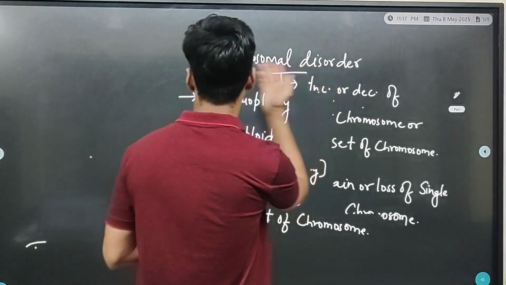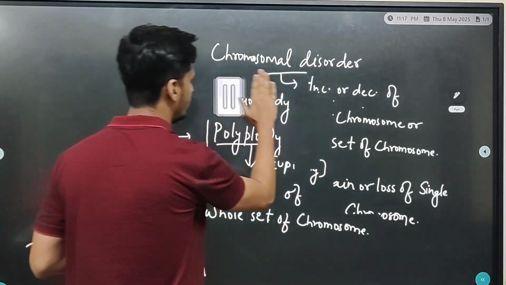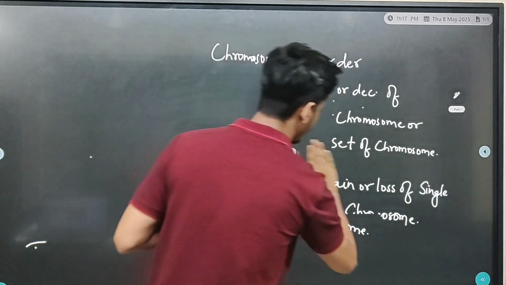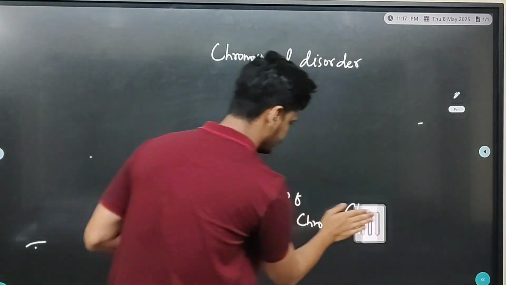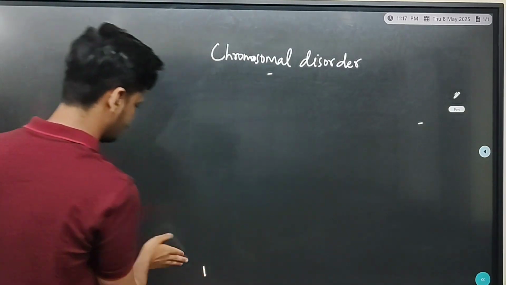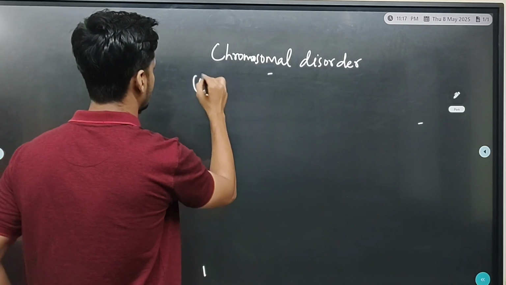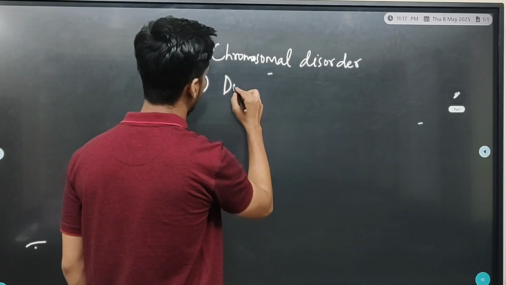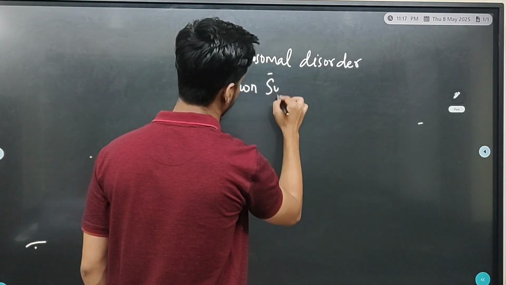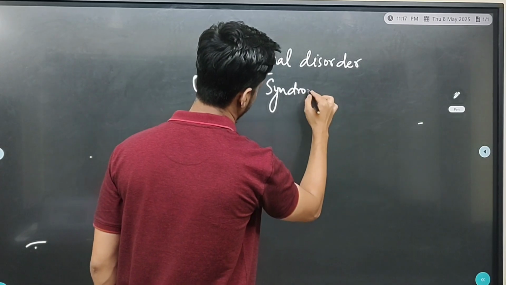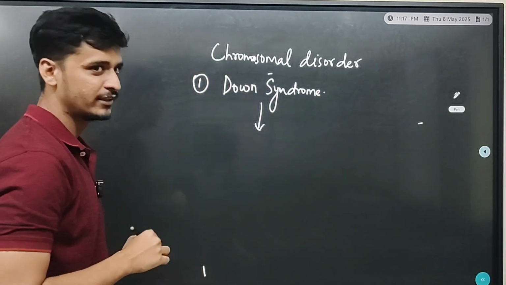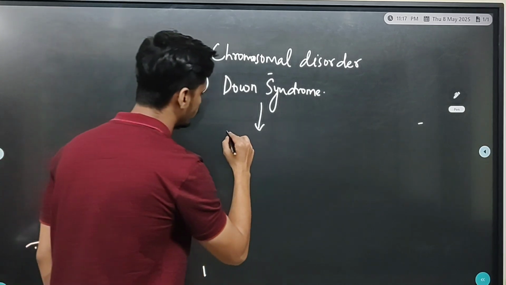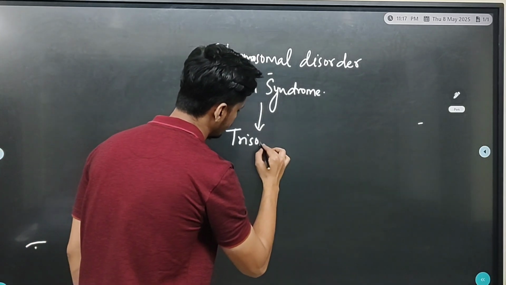So, chromosomal disorders according to aneuploidy and polyploidy, there are 3 major disorders. First is Down syndrome. Down syndrome is due to trisomy of chromosome number 21.